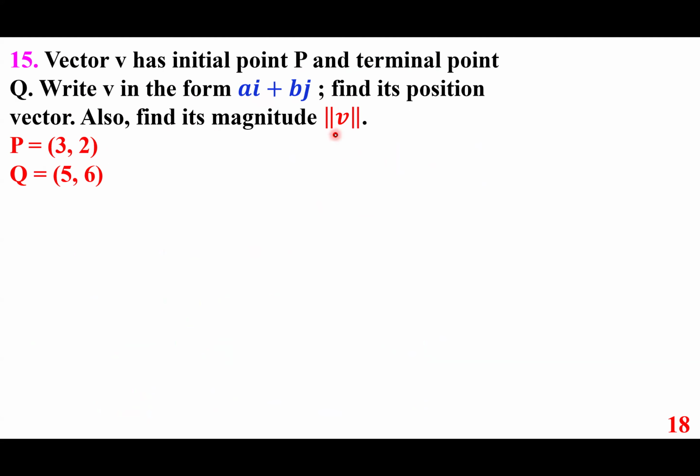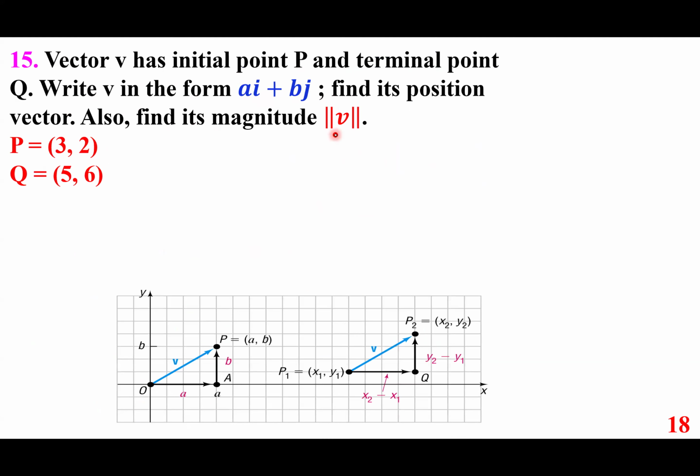Let's discuss a couple of things. Let's remind everybody of what a vector looks like. First, understand that this is the initial point, this is the terminal point, and two vectors are identical or equal if they have the same direction and the same magnitude. It doesn't matter where you start them. But if you start them at the origin, it is called the position vector.